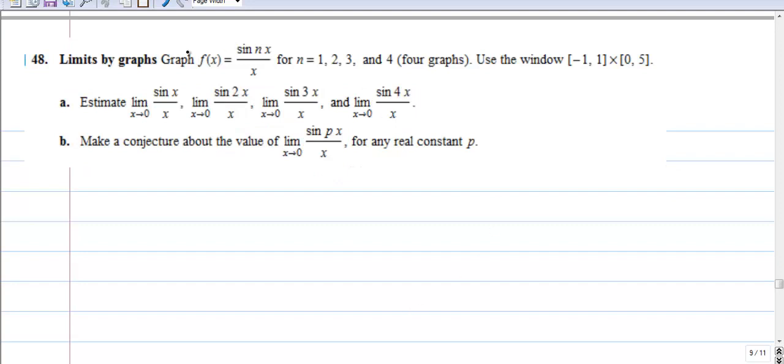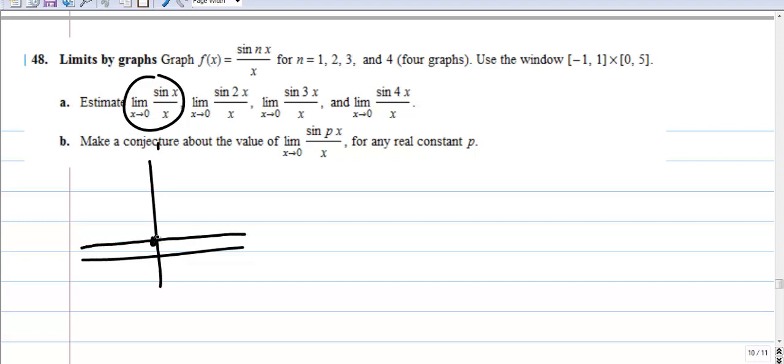This one is just talking about estimating that problem using graphs. And you can just take and graph those 4 equations. What you'll notice is that each time, as you're approaching 0, for this graph, it looks like a straight line there at 1.